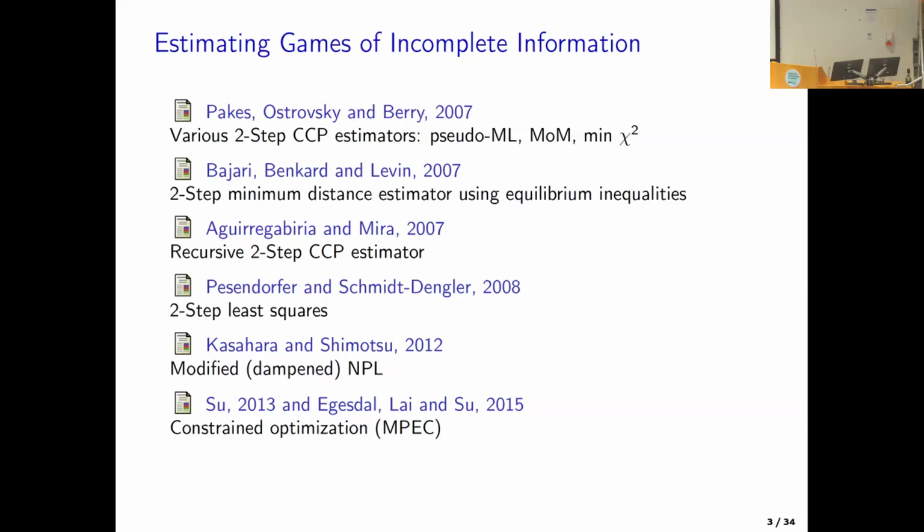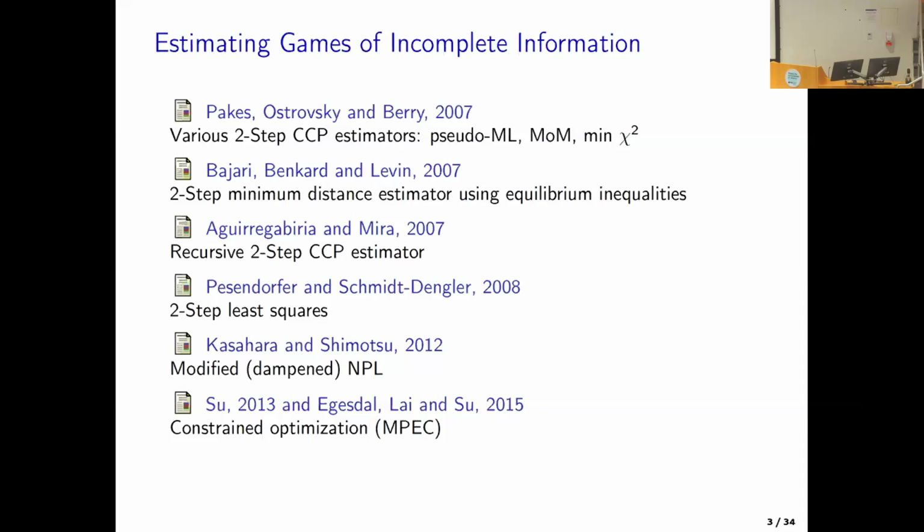And by now we should know that two-step estimators is about you go out and estimate the conditional choice probabilities from the data. Given those, you stick them right into the Bellman equation, use the Hotz-Miller inversion to get some predictions of what the values are, the conditional choice probabilities, and then you use that in the sample criterion that you use in estimation. And that can be a variety of different methods, like pseudo maximum likelihood, many of the things that Victor has done have been with pseudo maximum likelihood, or method of moments, or minimum chi-squares.